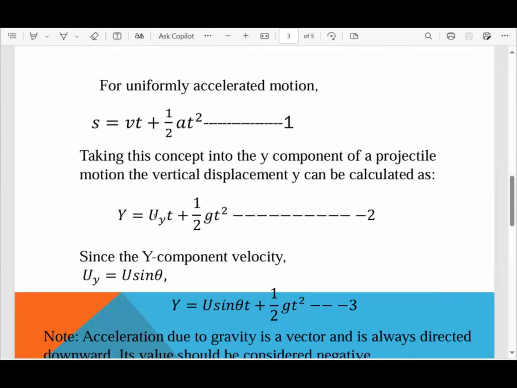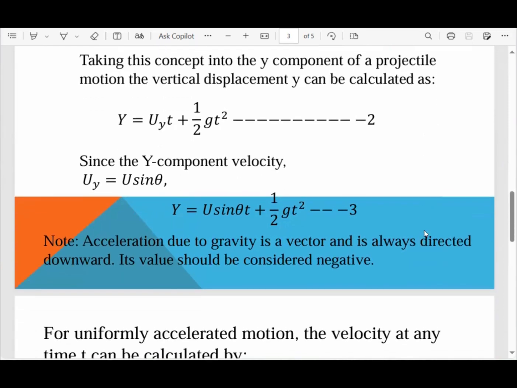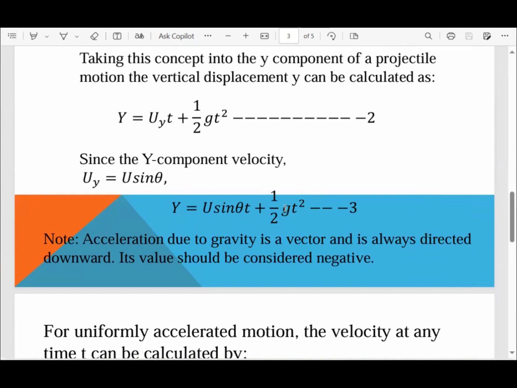Therefore, when we substitute the value of uy here, the vertical component displacement of the projectile can be calculated by u sine of theta t plus half g t square. Since we know that gravitational force is a force that always acts downward, it produces a downward acceleration.